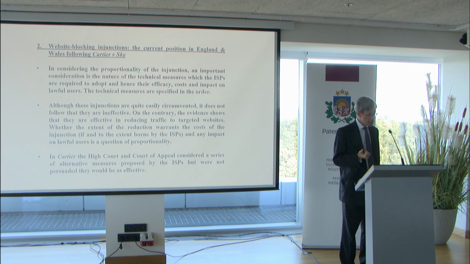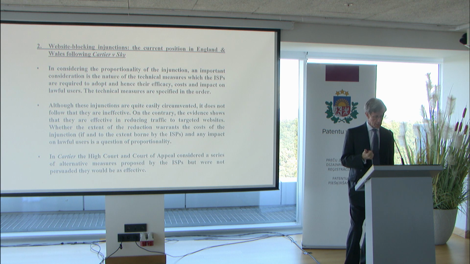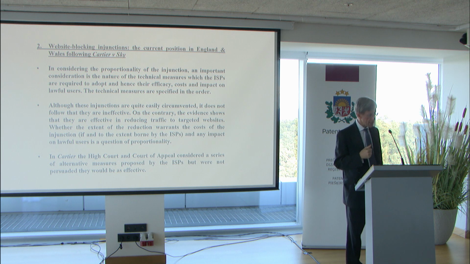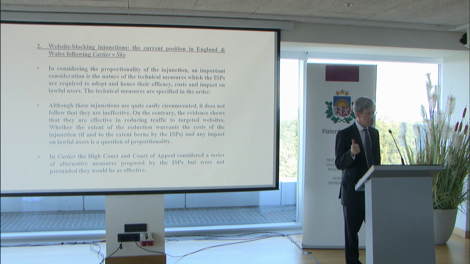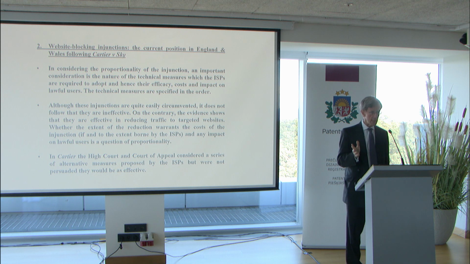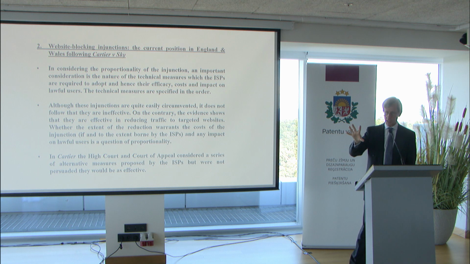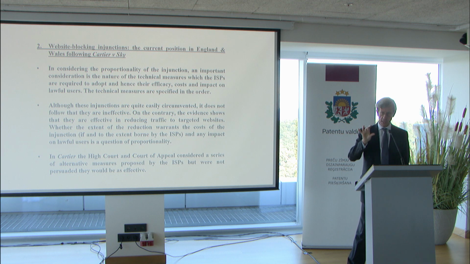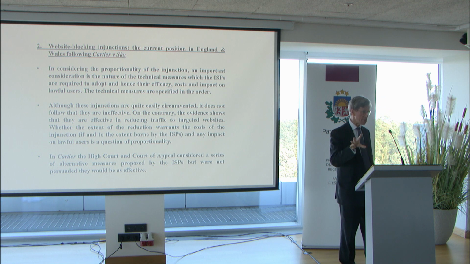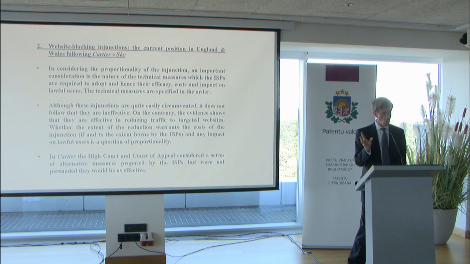Now, when we consider the proportionality of such an injunction, an important consideration is the nature of the technical measures which the ISPs are required to adopt, and hence their efficacy, costs, and impact on lawful users. And the practice in England and Wales, ever since the first case, the Newsbin 2 case, has been for the court's order to specify in detail the technical measures which the ISPs are required to implement in order to comply with the order.